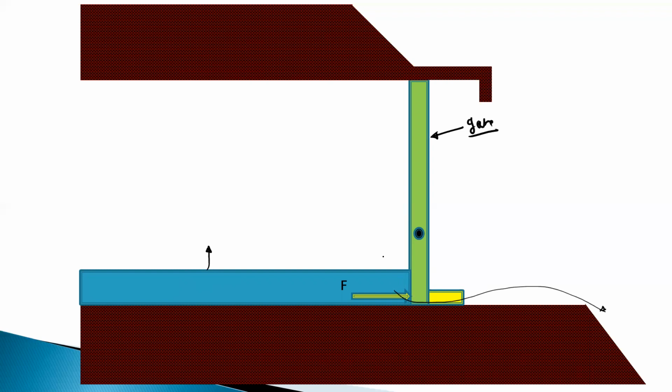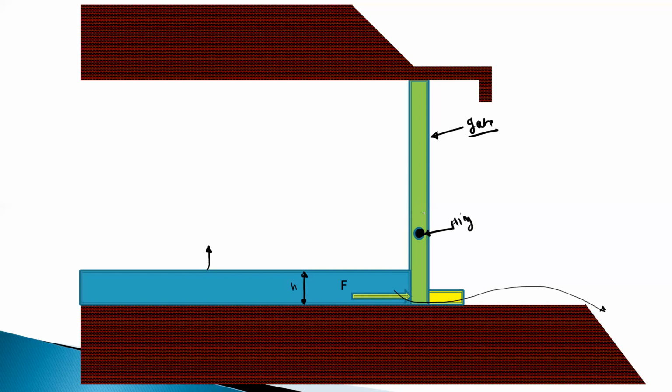Okay, here you can observe, this is the initial water level. It will have some height h, and this is the total pressure. The resultant is acting below this hinge point. The gate is hinged at this point, so this is the hinge.